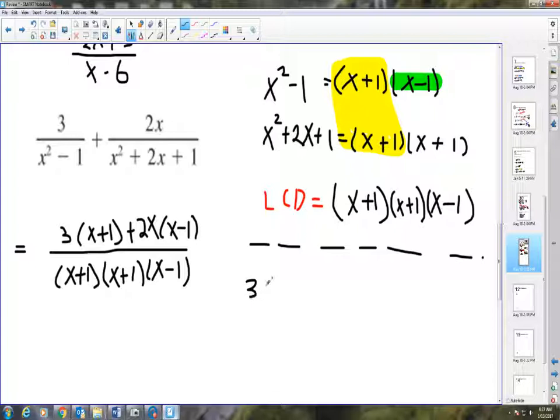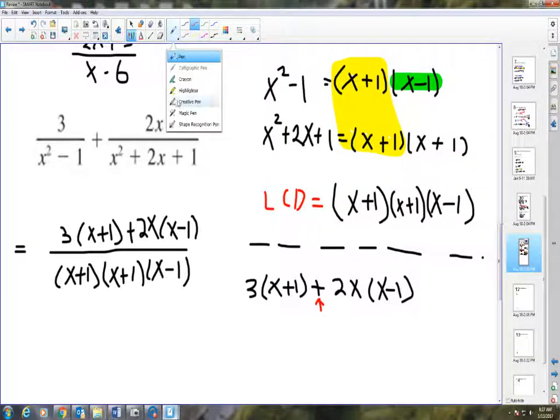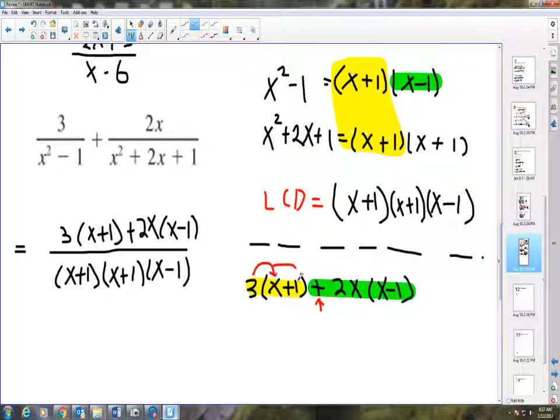Let me write it out. Alright. Addition sign outside the parenthesis tells me I got two terms. What's in front of it is one term. This is my second term. Alright, so 3 times x, 3 times positive 1.